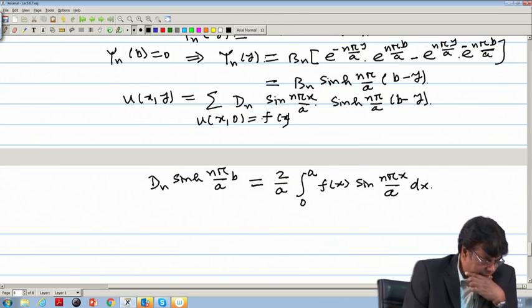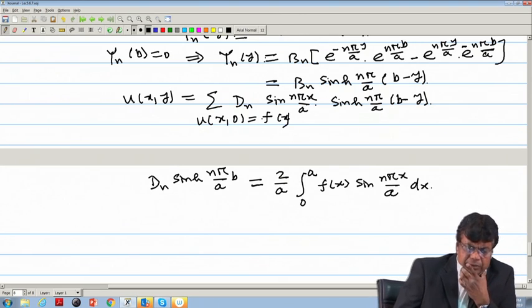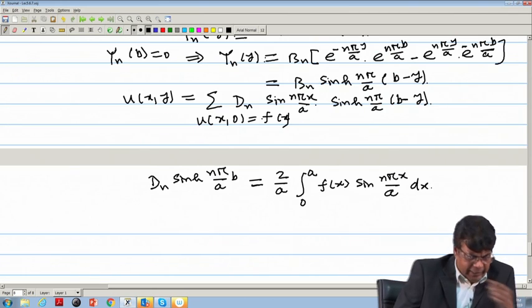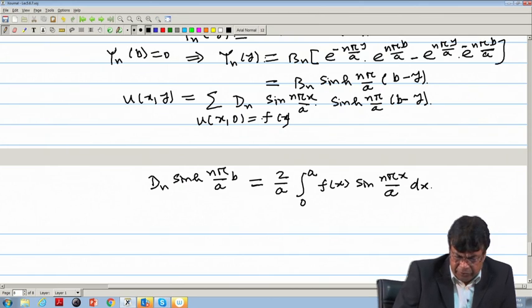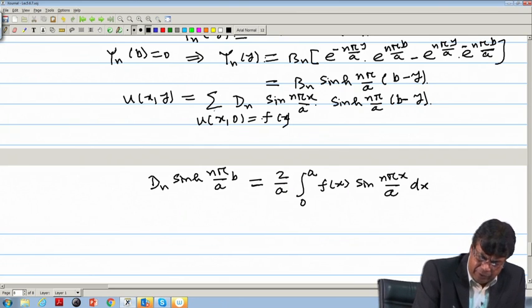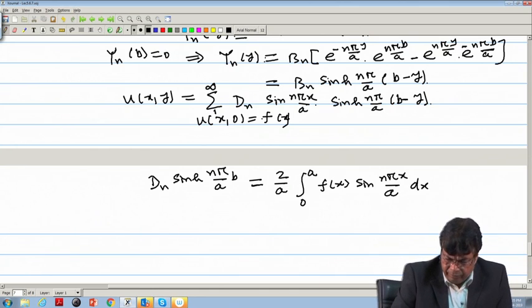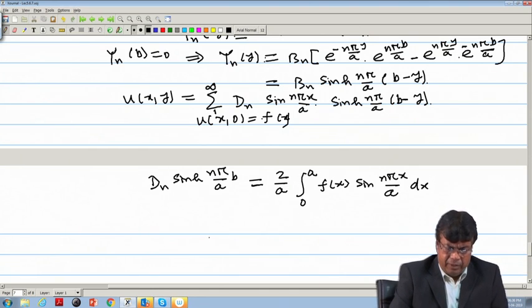So this gives you the requisite solution. So from here we get dn, all the constants dn are obtained. So this gives the series solution, from 1 to infinity, in terms of the eigenfunctions.